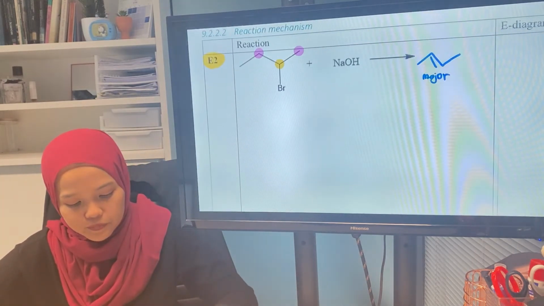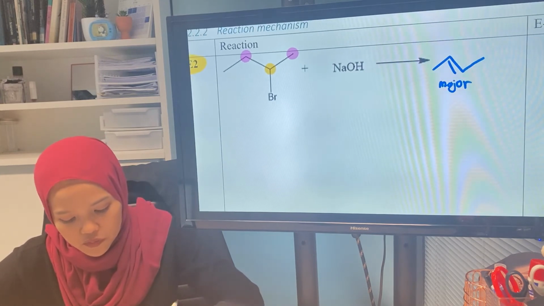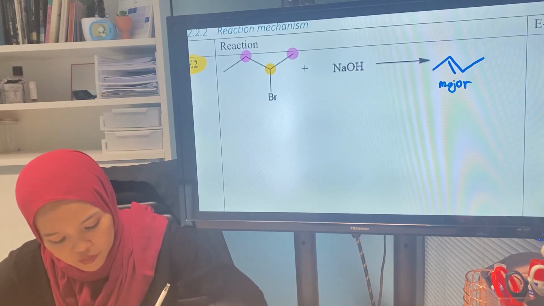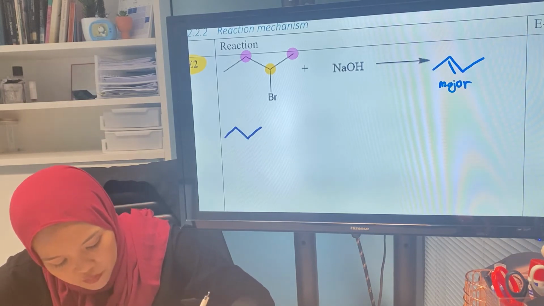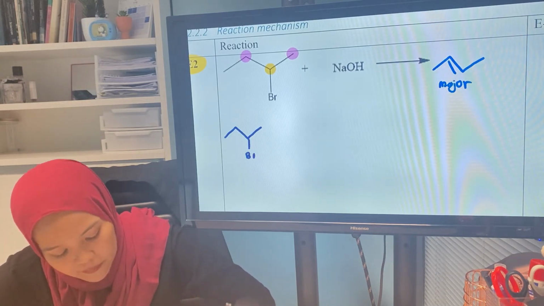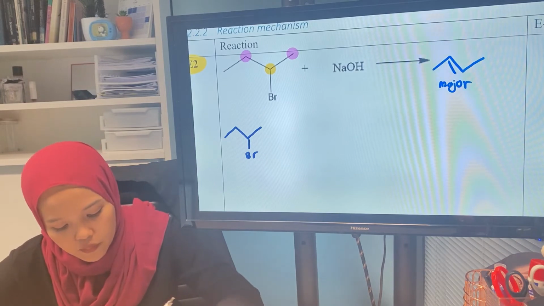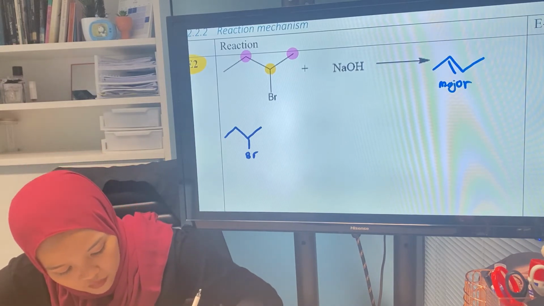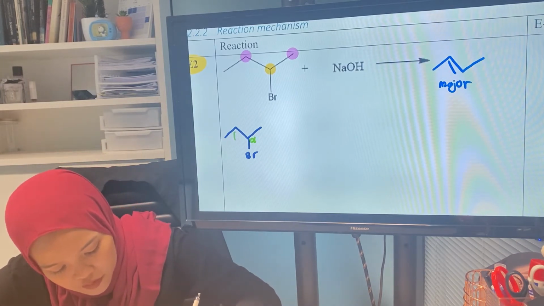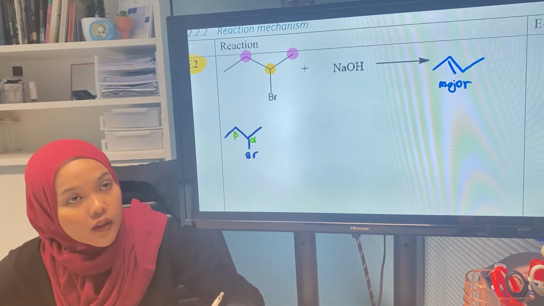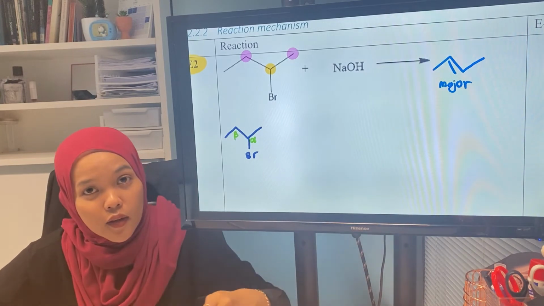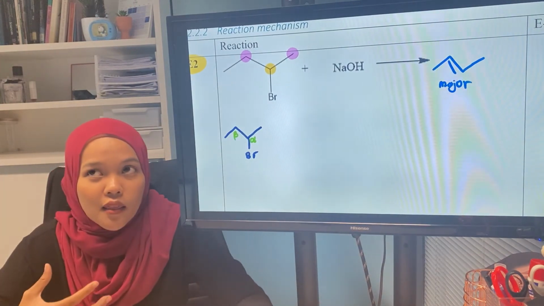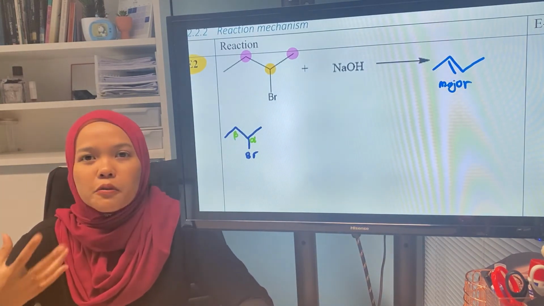So now, when you want to draw the mechanism, what do you do? First of all, draw it first. You are going to remove the beta hydrogen which is at this carbon. It must be at this carbon because you want to form the bond here. That's why it is important that you predict the product first.